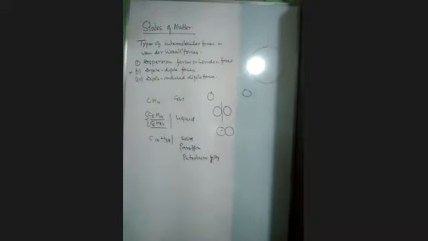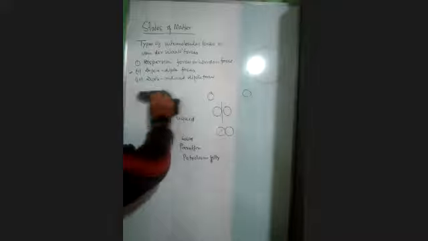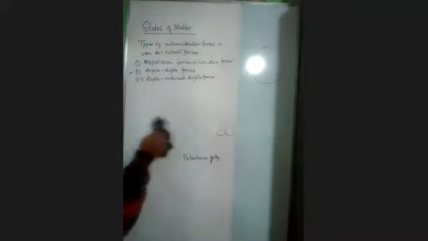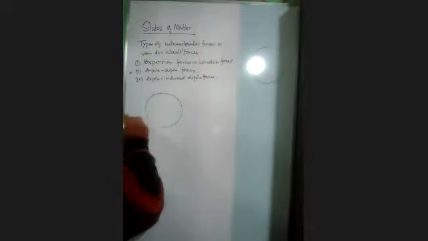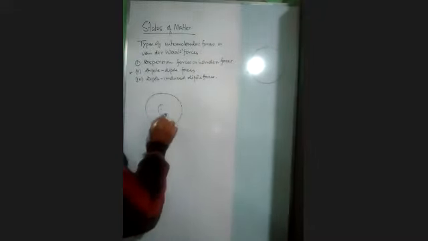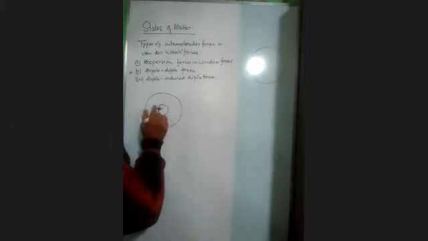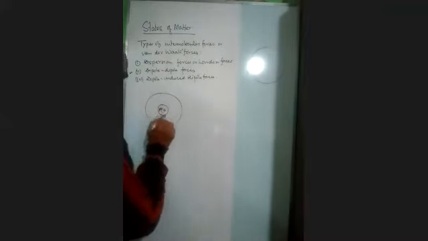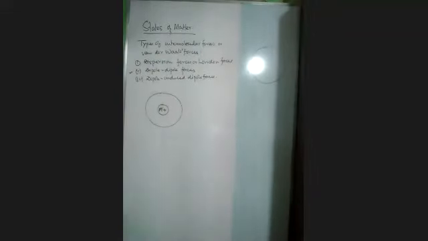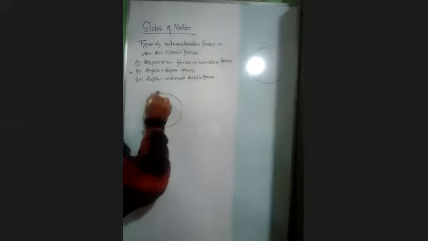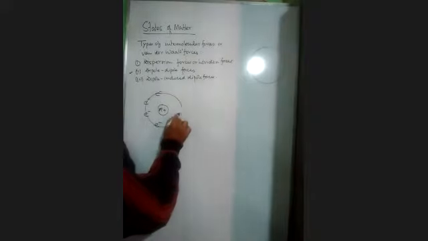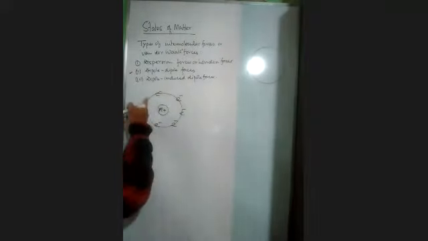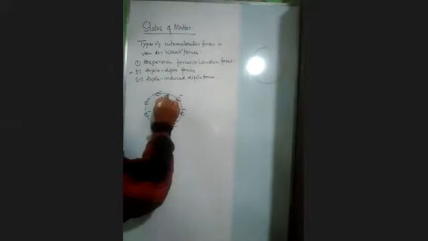Why does it happen? Let us see. What type of forces are there in non-polar molecules? Okay, see. So let me draw a molecule. So this is the nucleus. I'll write here N plus, meaning N number of protons are there. And say there are electrons: one, two, three, four, five, six, seven.